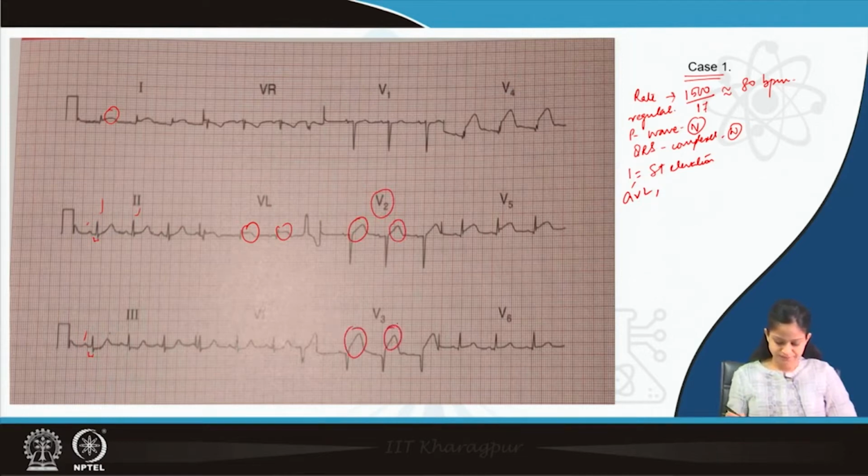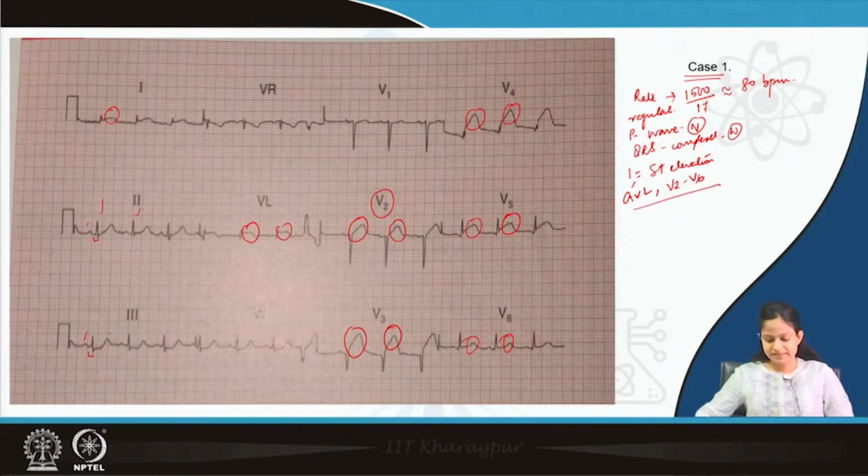So, ST elevations in lead 1, AVL, and also we can see it in V2, V3, V4, V5, V6. So, ST segment elevations we are getting from V2 to V6, which means the anterior leads as well as the lateral leads.